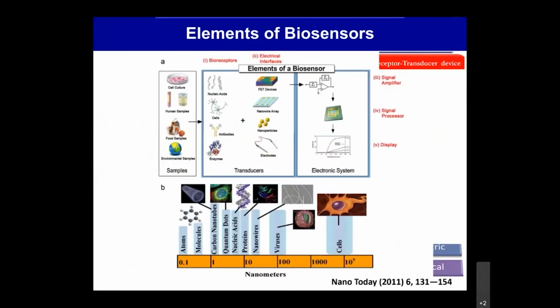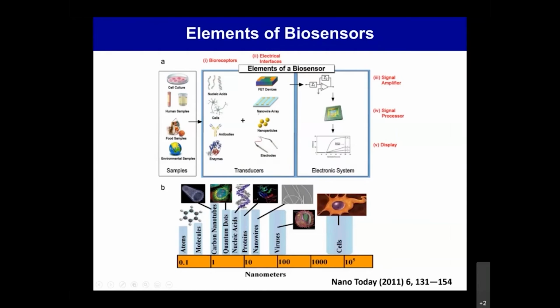So let me just, before I change the gear and talk about a specific example, sum it up again. The elements of any disease diagnostics, in particular a biosensor: you have a sample. The sample could be of different kinds, blood, urine, and so on. And you have some receptor, antibody, enzyme, or different other elements as well.